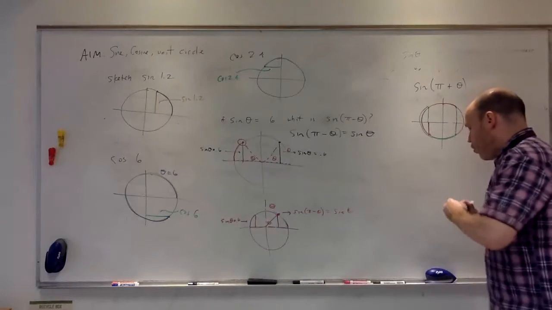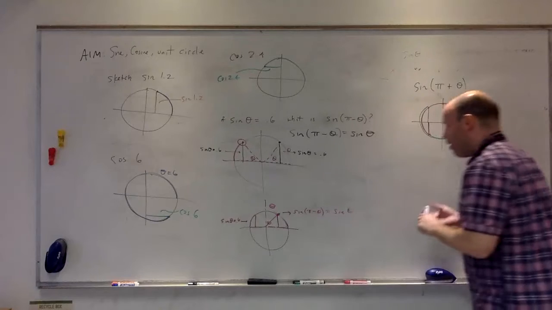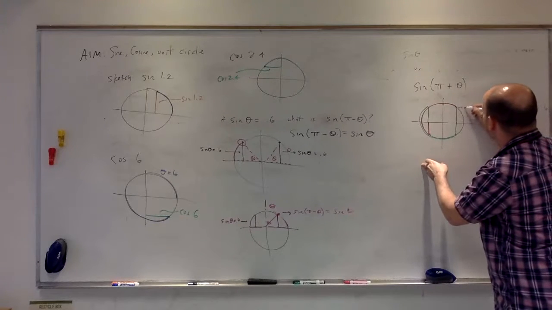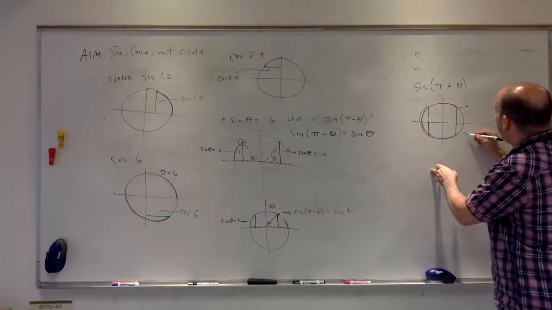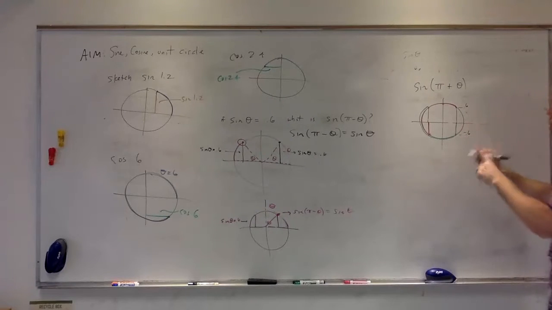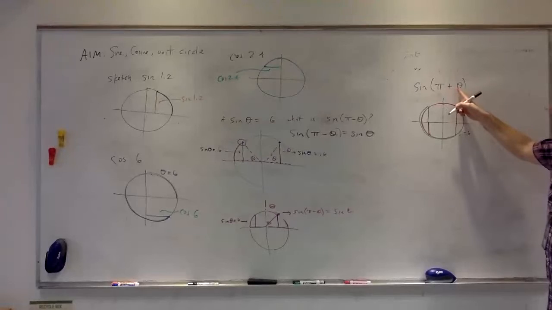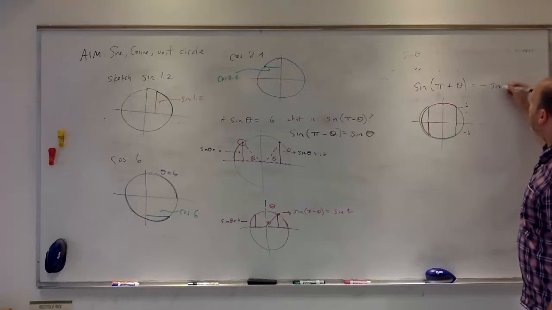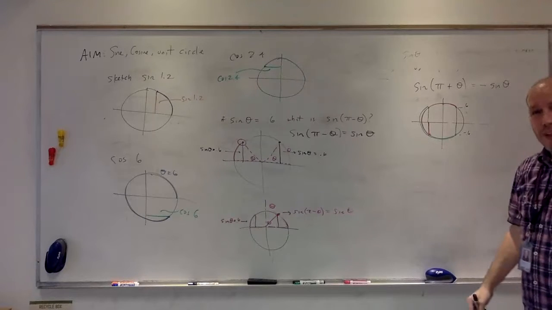Interesting, right? So where are we? Well, if this is 0.6, this is negative 0.6. So the sine of theta plus 180, if you add, is equal to negative sine of theta. It's kind of cool, right?